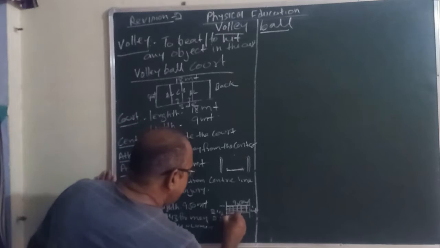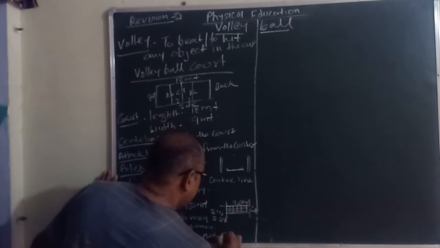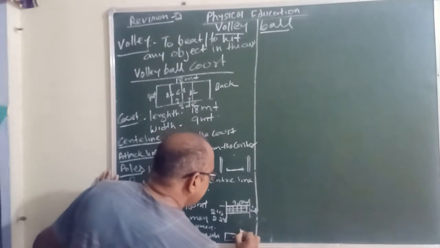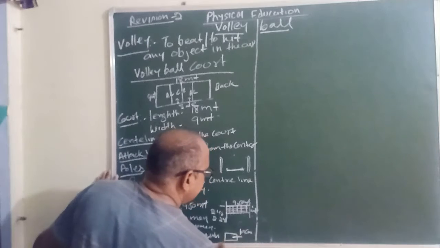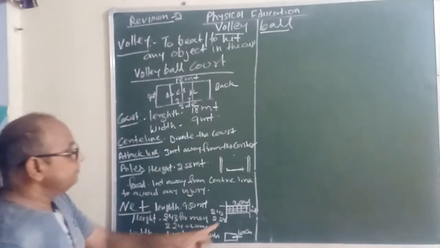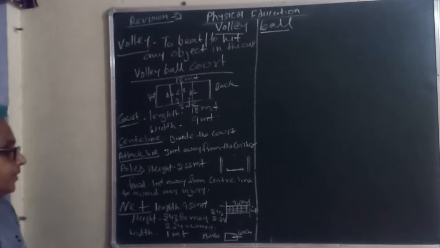And what about mesh? Mesh will be of 10 centimeter square. So this is your net.